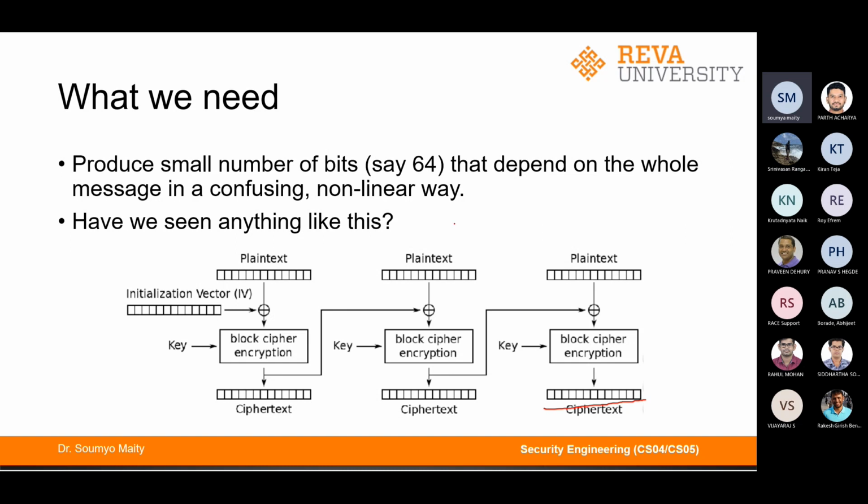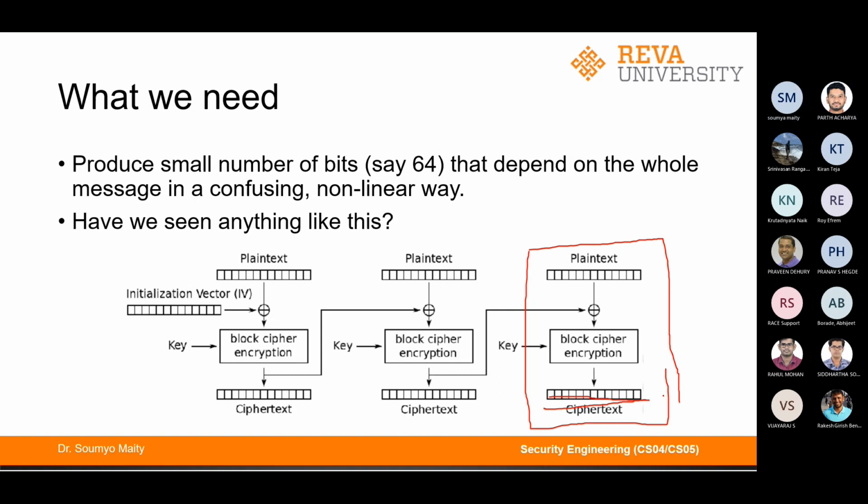If I am using a 64-bit hash function, the last 64 bits of the cipher text we will consider, because we are always breaking it into 64-bit blocks. Only for the last block output we will take, because the previous blocks' outputs are already fed into the system and getting XORed. Makes sense. So that problem we can solve.